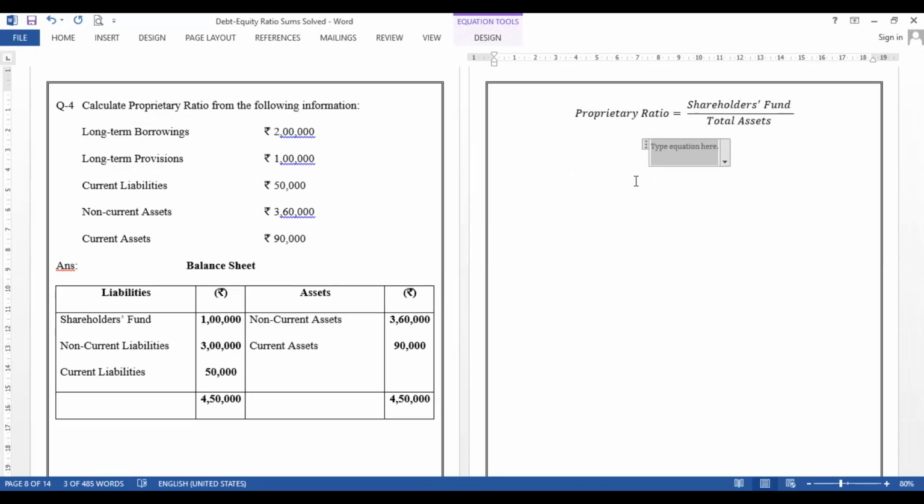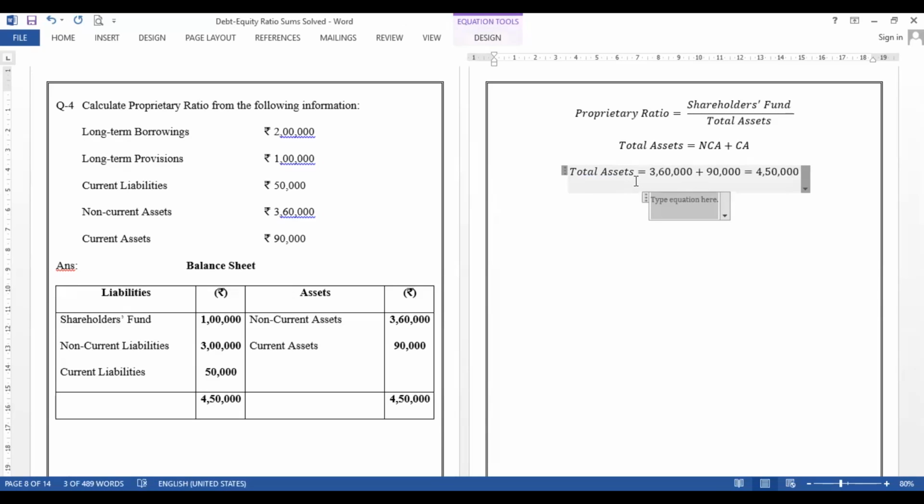We have calculated total assets. We need to write that. So total assets will be equal to non-current assets plus current assets. Let us place the values to get the total assets. Total assets will be equal to non-current assets, the amount given to us is 3,60,000, plus current asset of rupees 90,000. So the total was 4,50,000.